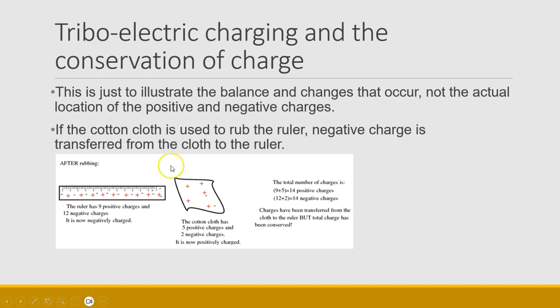Also note that if the cotton cloth has lost 3 electrons, then the ruler has gained 3 electrons. And note that the total number of positive charges and the total number of negative charges in my system remains 14. So what that means is that no charge has been created, no charge has been destroyed, it's just moved around within the system.